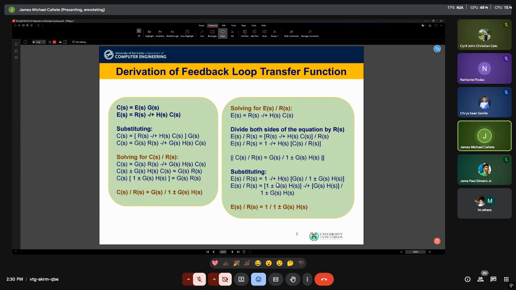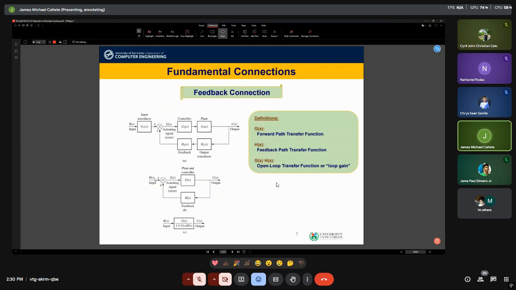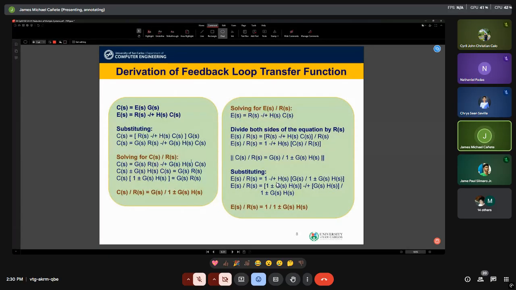The summing junction is the sum of R and the output of H, which is C times H. So it is R minus or plus C times H. When we substitute E into the first equation, let's have this as equation A and equation B. When we substitute equation A into equation B, this is what we get. We distribute G in the next step. So we now have two terms.